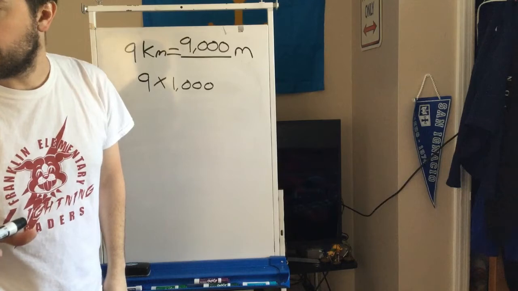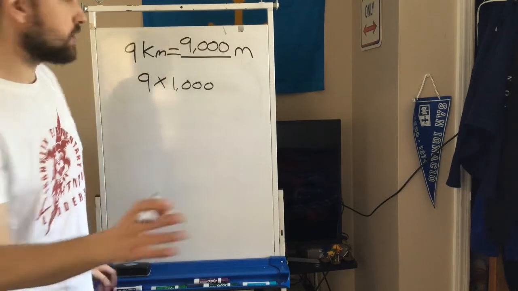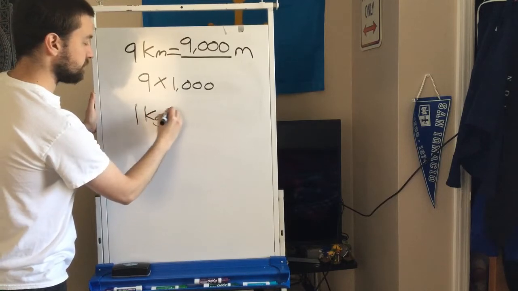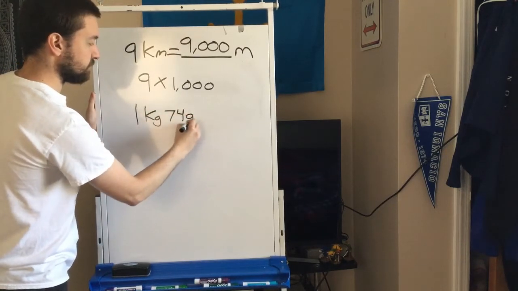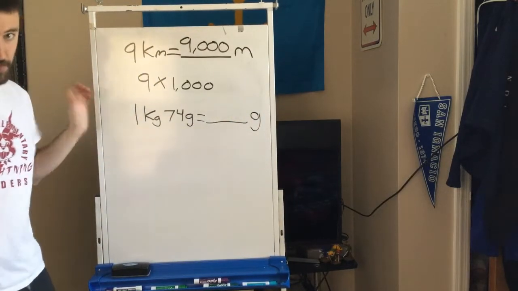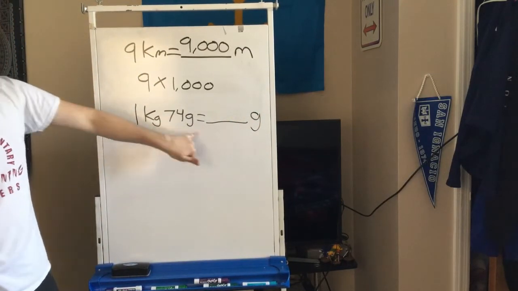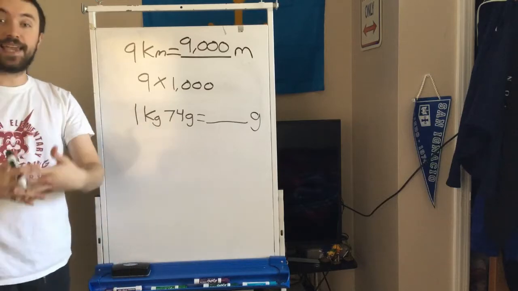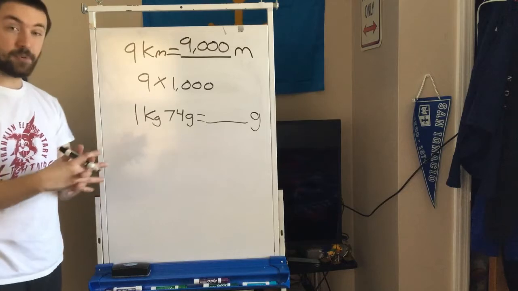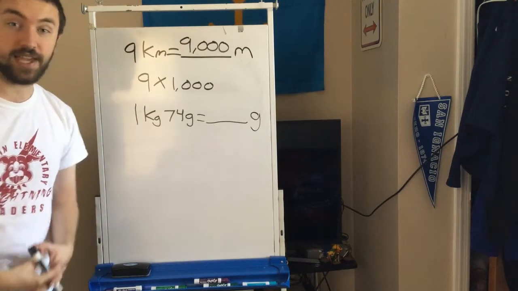Now, we're going to do another one using grams that's a little trickier. Ooh, this time we've got some mixed units here, kilograms and grams. They're not the same. Just like with our fractions, when the bottom numbers weren't the same, we can't put them together until they're the same.